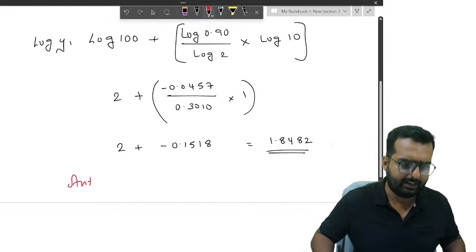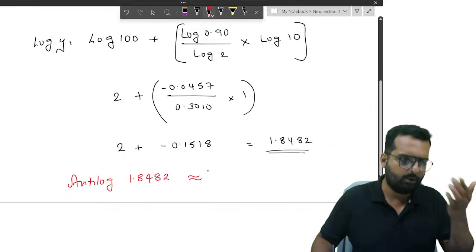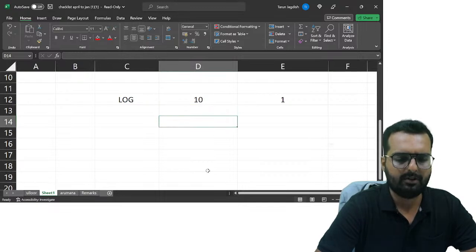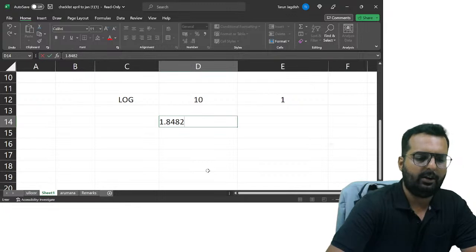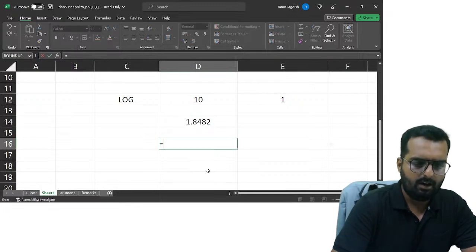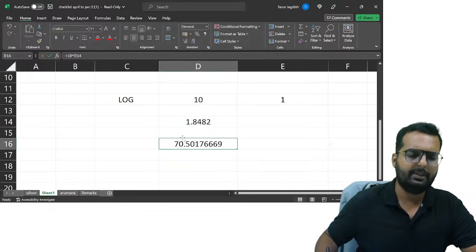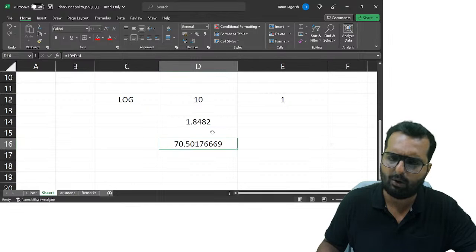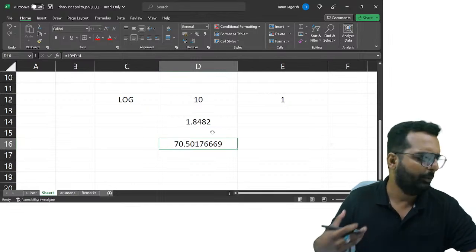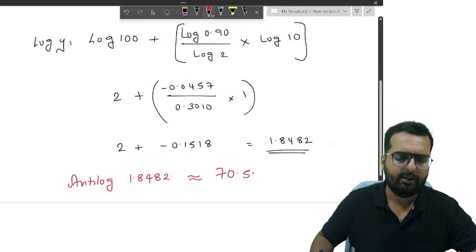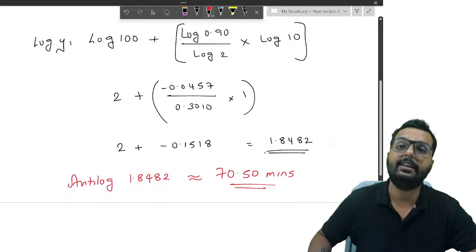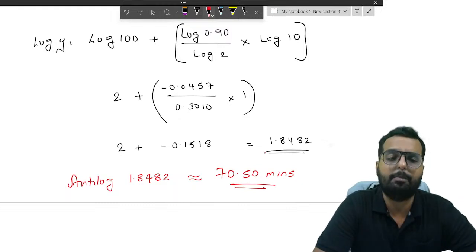Therefore, the anti-log of 1.8482 is nothing but 10 raised to whatever is the number. In the exam they'll give you the anti-log tables. You don't have to work out like this. I'm doing it here in this manner so that I can show you the reality. I get the answer as 70.5 minutes. Friends, this is the average time taken for making 10 units.